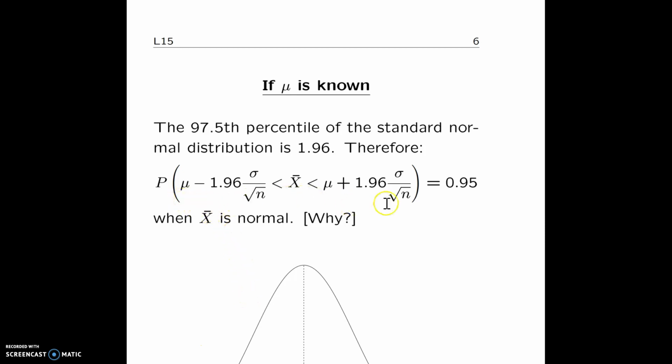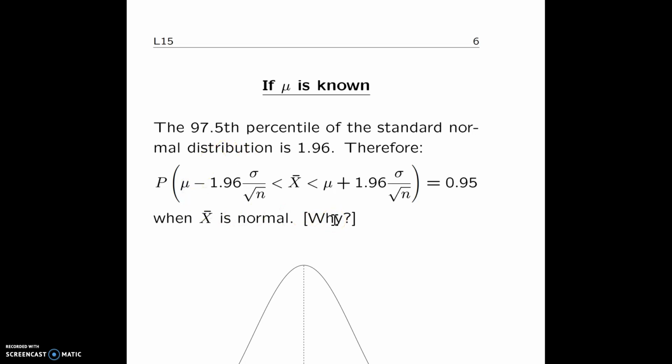Essentially, the confidence interval idea begins with a probability statement. So in this case, I'm thinking about a population mean mu. I've got a point estimate x bar, the sample mean, that is being drawn from a normal population. And I can write down a probability statement for the sample mean x bar.